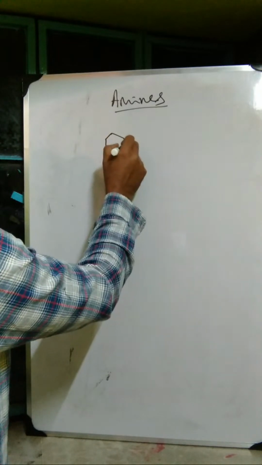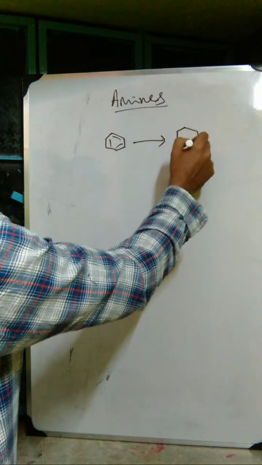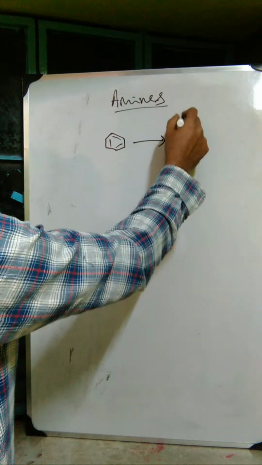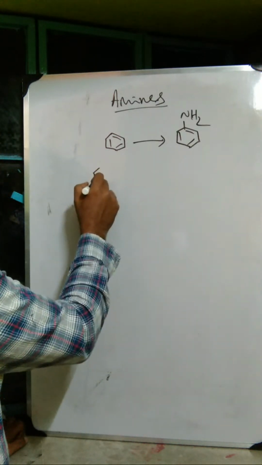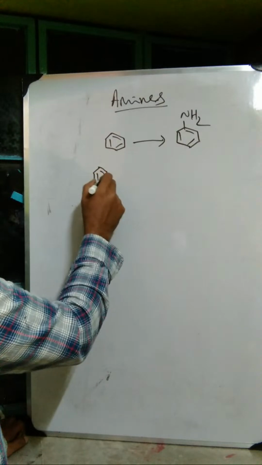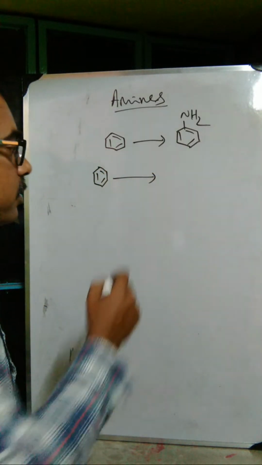Let us see the conversion from benzene to aniline. How can you convert it? First take benzene to nitrobenzene.